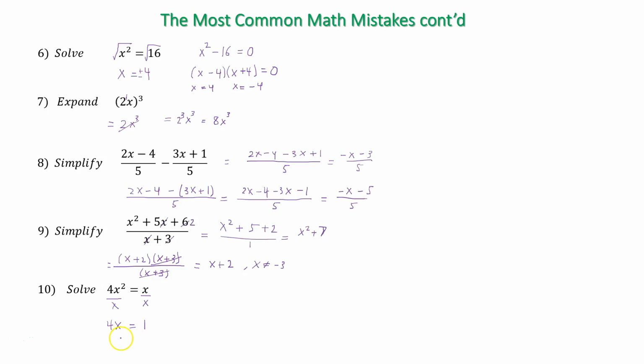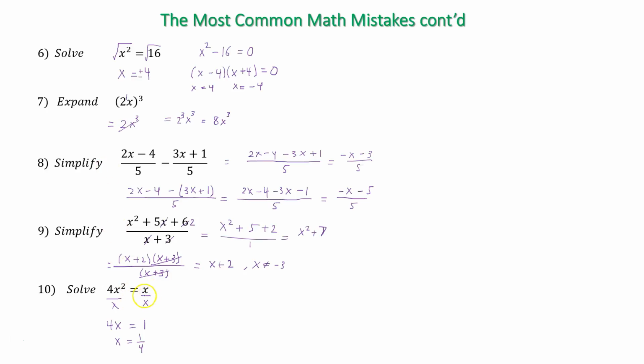And then they go on to dividing both sides by 4 to get 1 over 4. Now this is one of the solutions, but it's not the only solution. And so this example is sort of related to example 1.